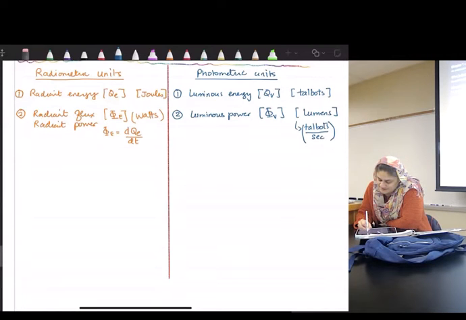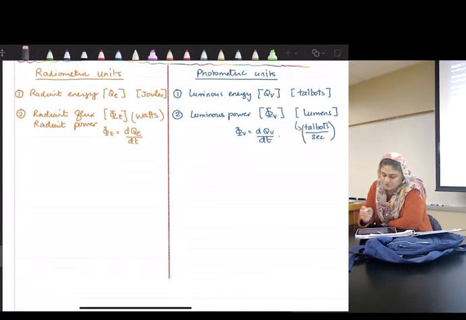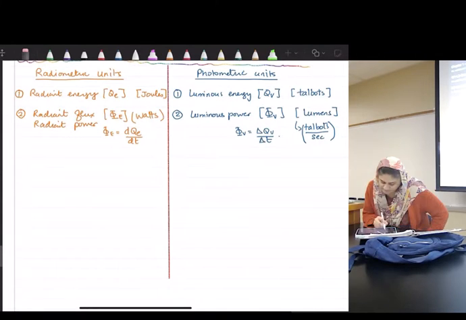And this is phi V equals dQV over dt. In most of the textbooks that I was looking at, they don't call it small d, but they call it delta. I'm not sure exactly why they do that. So I'm going to change this to delta QV over delta T.